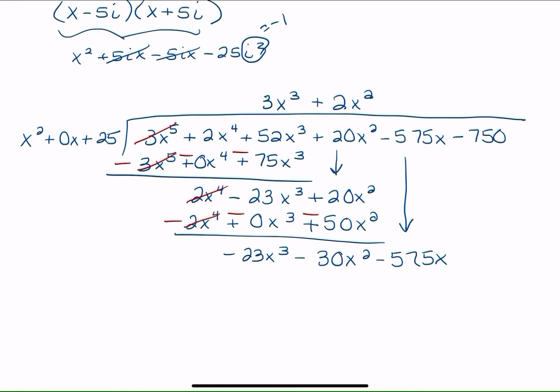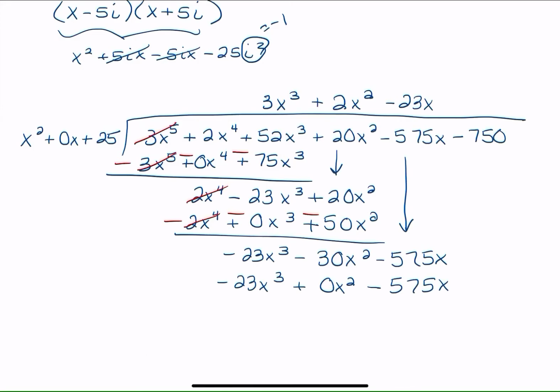So I need to multiply by a negative 23x to get the negative 23x cubed plus 0x squared minus 575x, since 25 times 23 is actually 575, which is nice.